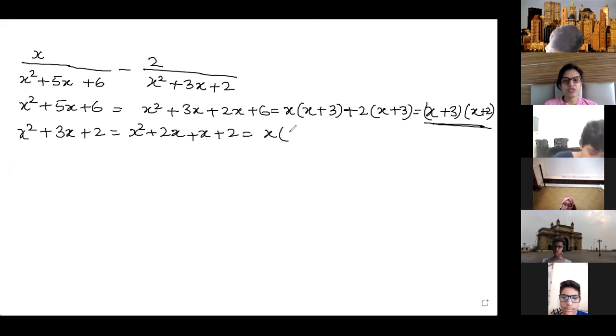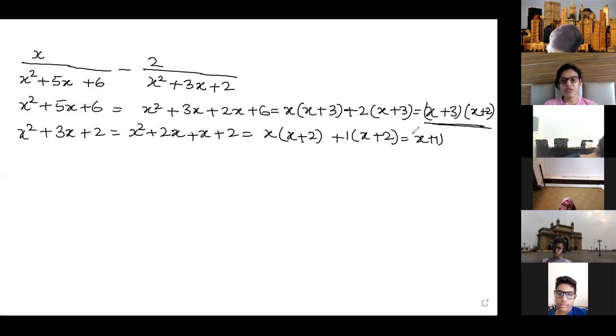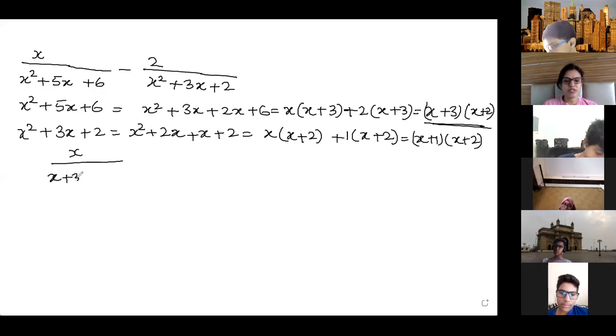So x into x plus 2 and plus 1 into x plus 2, which gives you x plus 1 and x plus 2. Now you can write the values, x upon x plus 3.